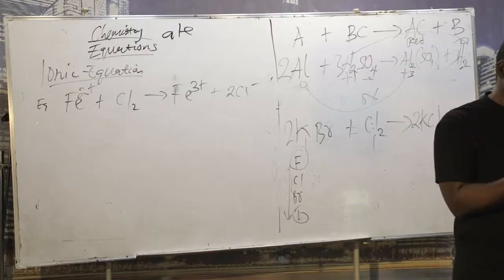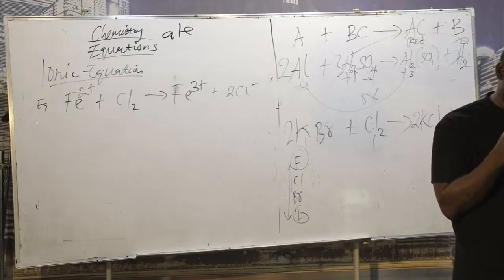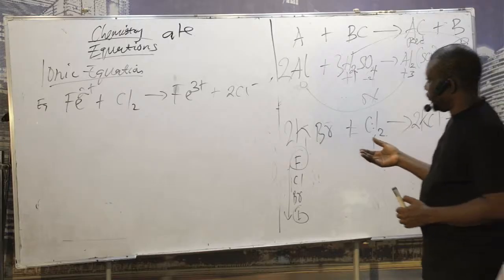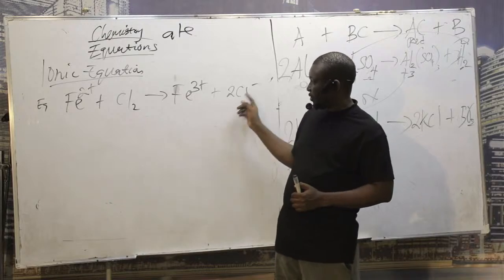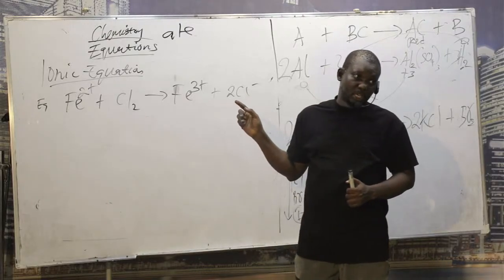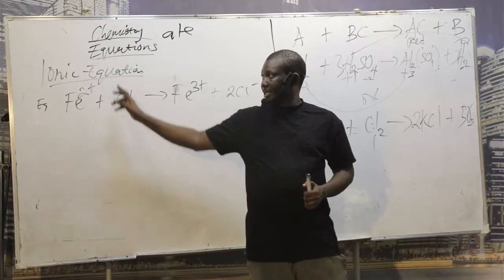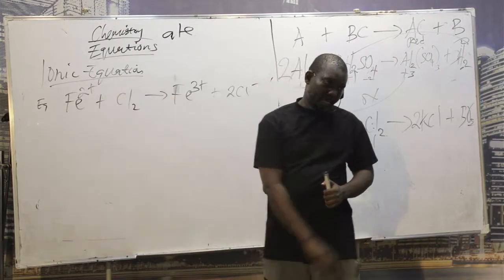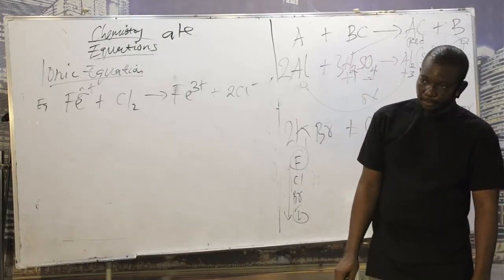Maybe it's iron chloride. They removed the chloride from the compound, it becomes charged. They removed something here, it becomes charged. Maybe they equally remove something here. The only one here that is not being removed is this one. So when you see an equation like this, it is what? Ionic. So how do we balance this equation? Simple.